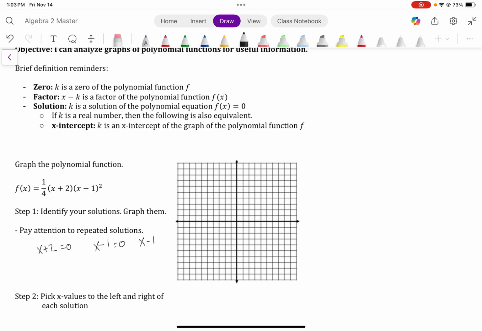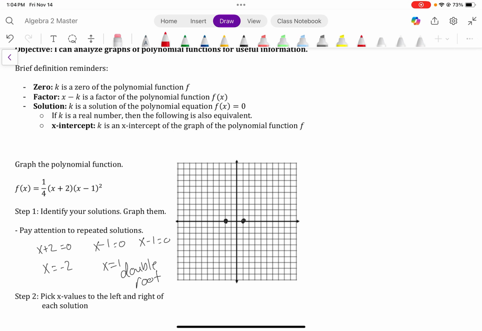Technically speaking, I have x minus 1 equals 0 twice because x minus 1 is being squared. So I'm going to make sure I note that x equals 1 is a double root. So on my graph, I have x being negative 2 and x being a positive 1. That's a double root.